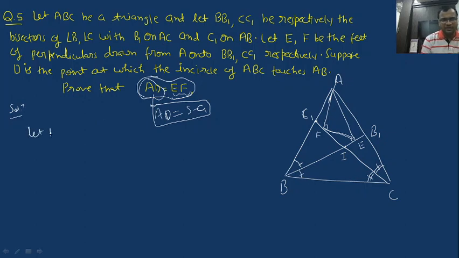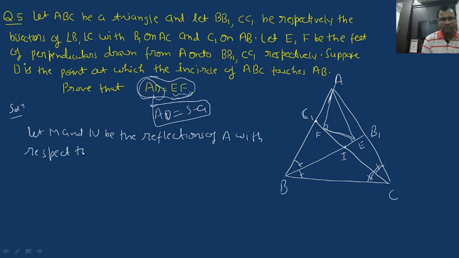Suppose let M and N be the reflections of A with respect to BB1 and CC1.